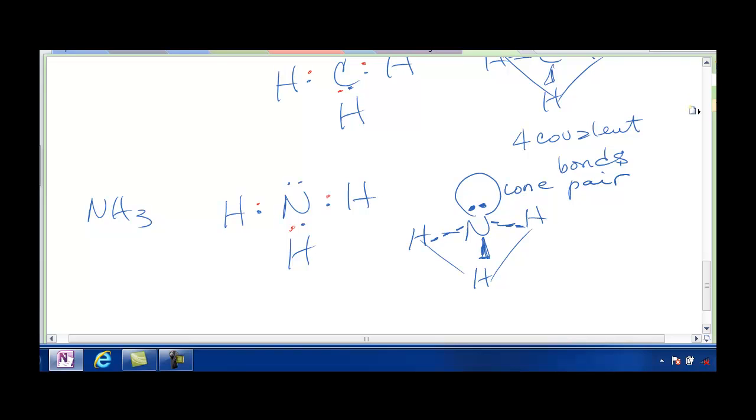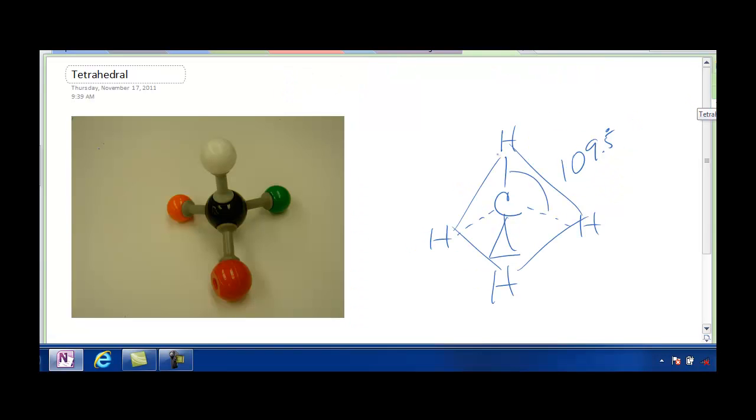Okay, so I go back to my tetrahedral, and now I don't have the white one. Now I don't have the same structure. I have a nitrogen in the middle. And I have 3 hydrogens, and this is a huge lone pair.